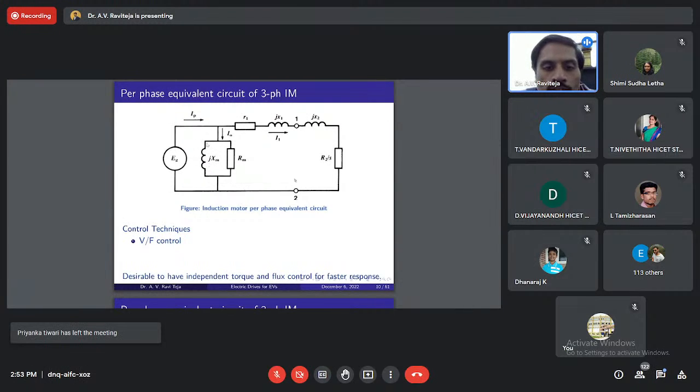So if I try to approximate, this inductance is the affecting one, which is stopping the machine from responding quickly because it is not allowing sudden change in I0. If I0 doesn't change, I1 cannot change and IP cannot change, even though voltage has changed immediately. Voltage I can change instantaneously using converters, but current will not change immediately.